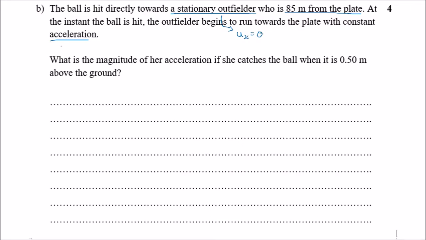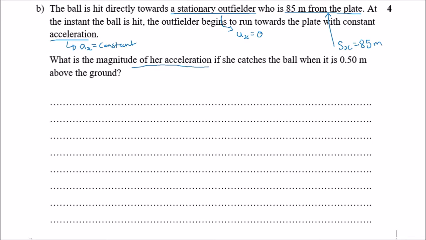The acceleration here is going to be constant. From the plate, there is a distance of 85 meters. That's the range. We are trying to find the magnitude of her acceleration.